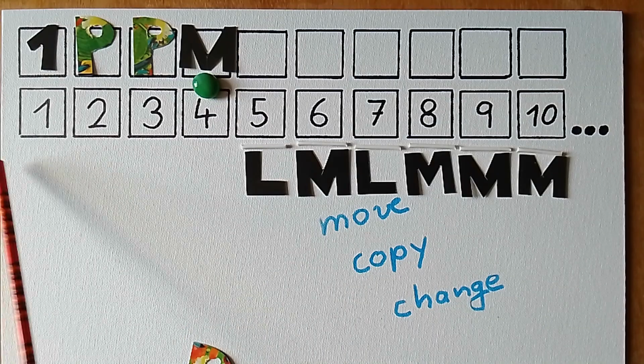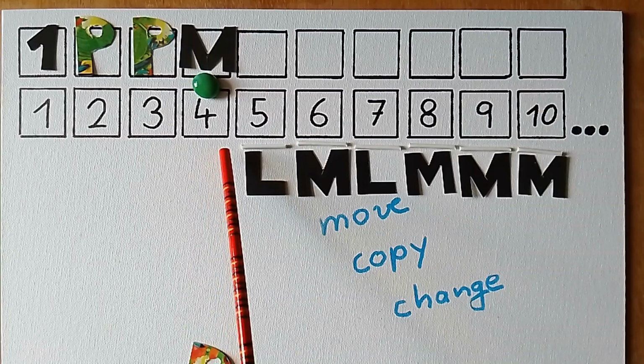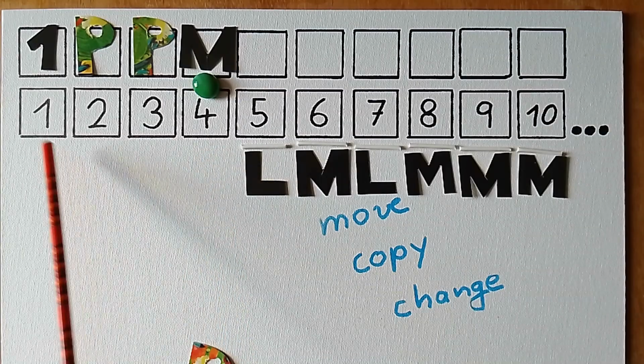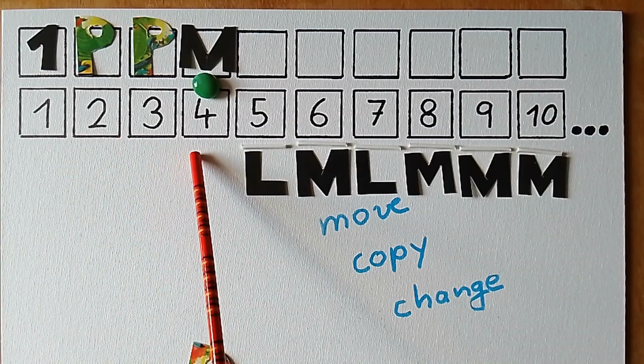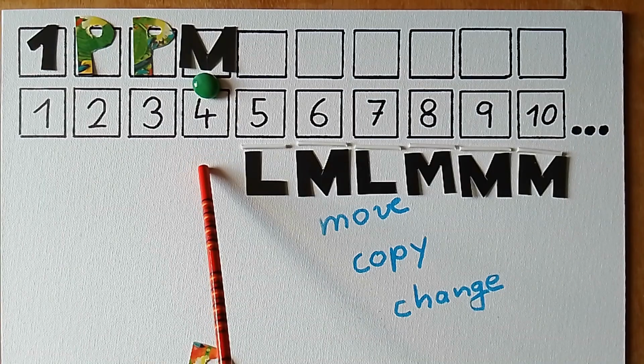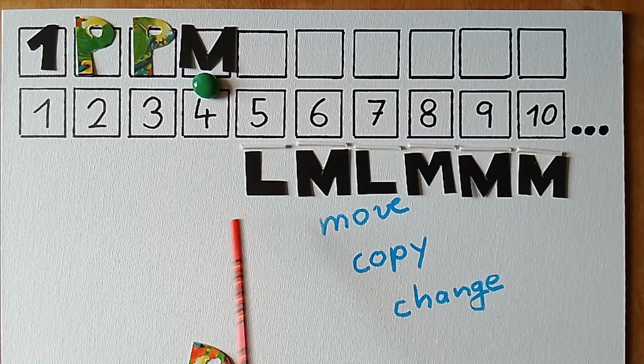So I have a list of defined numbers 1, 2, 3, 4, and I can see the next prime, and that's really revolutionary.